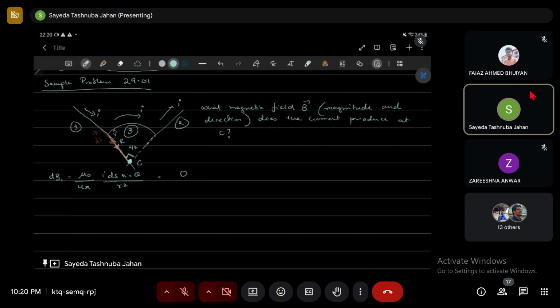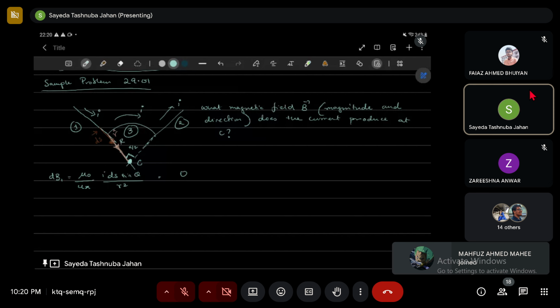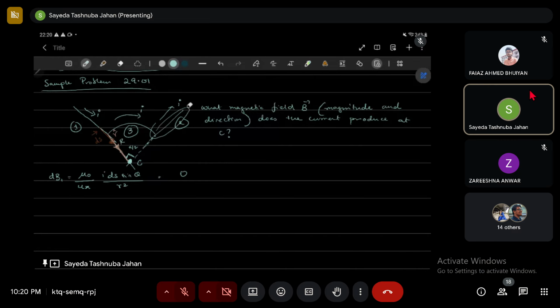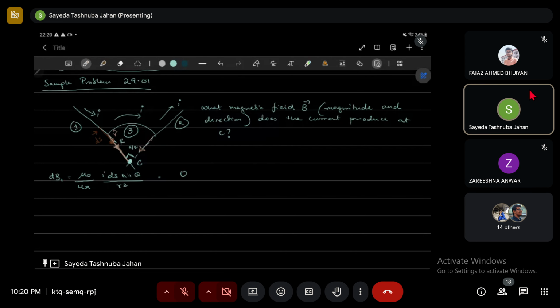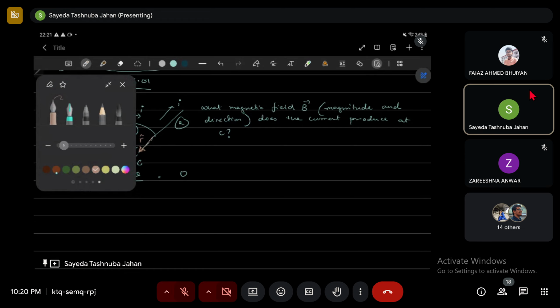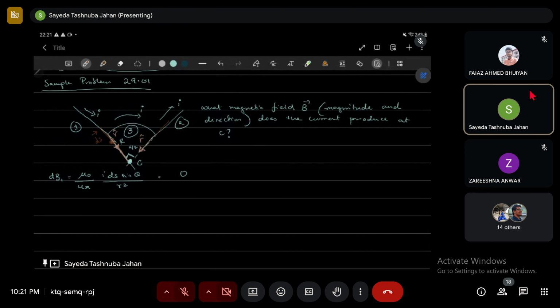Okay, and you will see that the same thing will happen for dB2, which is the other straight section, this one. For this section also it's the same thing: the r hat direction is this, and the ds direction was this, right? Now between them there is 180 degrees. So if the angle between them is 180 degrees, then of course sin 180 is also 0. So dB2 will also be 0.